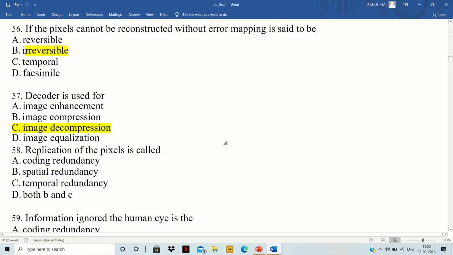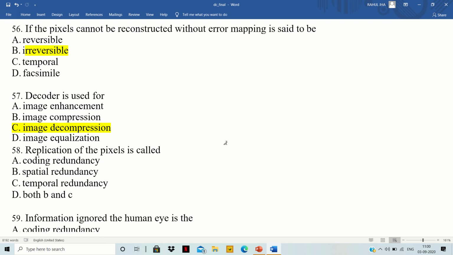Next question. Replication of the pixels is called as option A coding redundancy, option B spatial redundancy, option C temporal redundancy, option D both B and C. So if we are replicating the pixels, what is this?